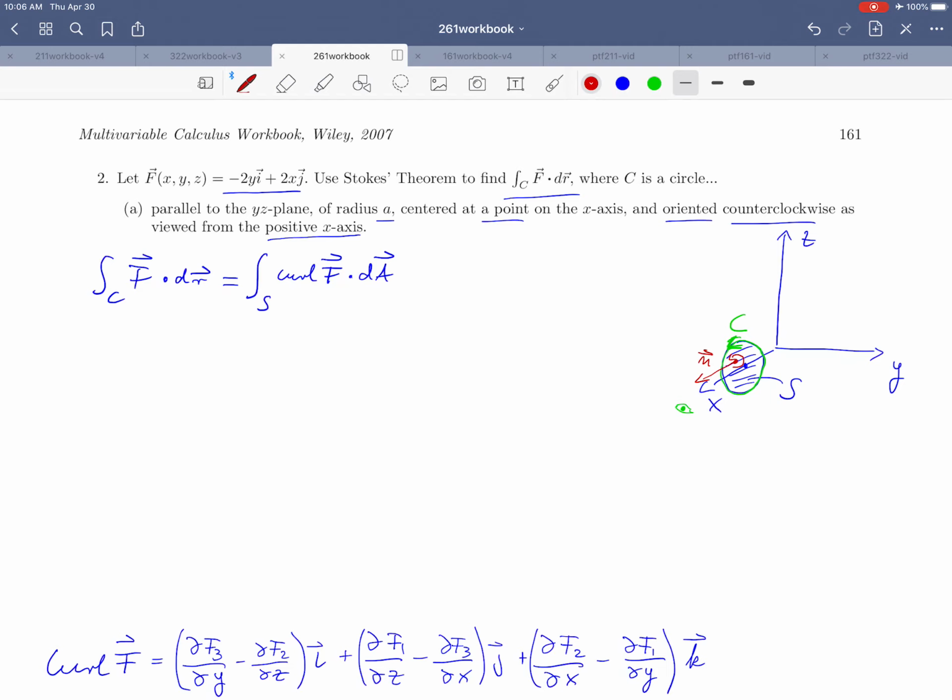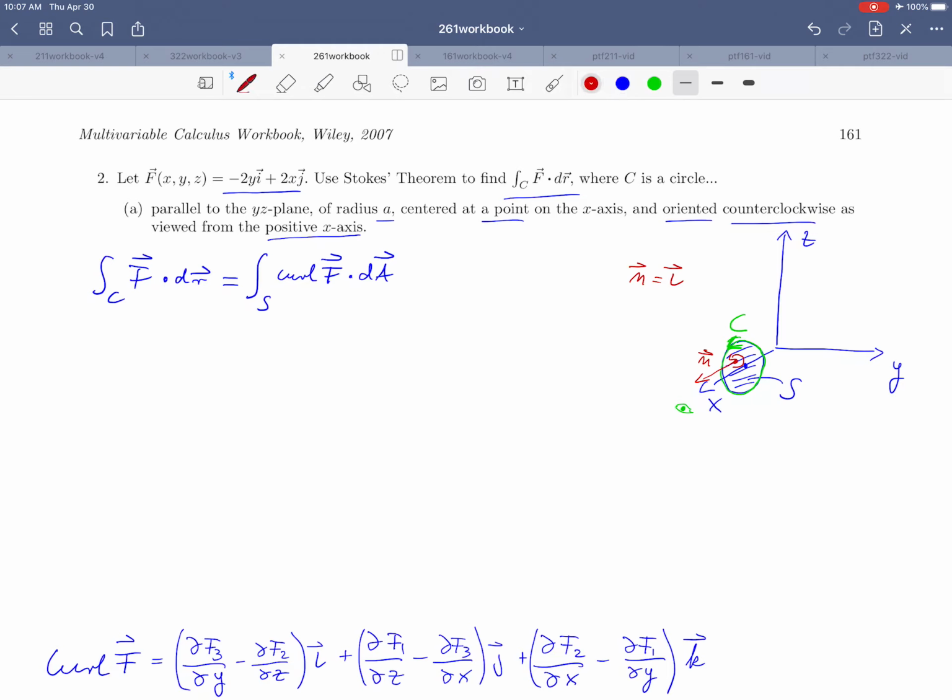So there's our normal vector pointing in the positive x direction, and we can write down what n is. n has to be i, because it only has that x component.